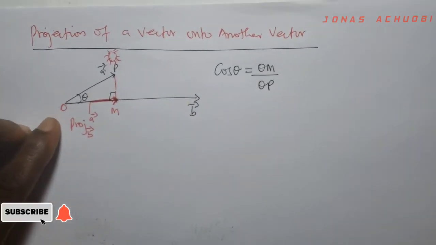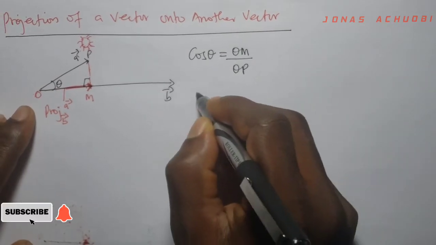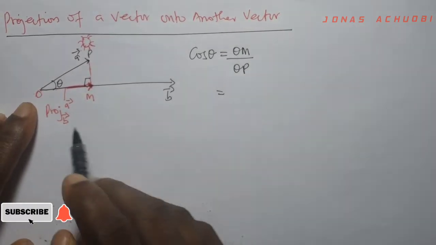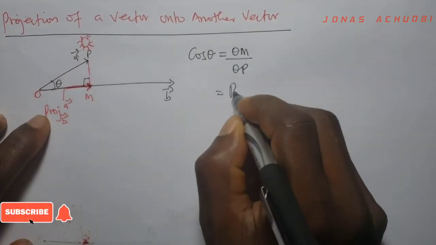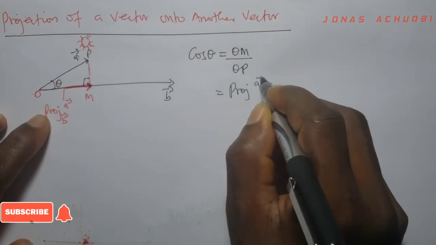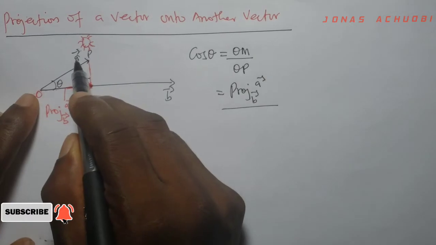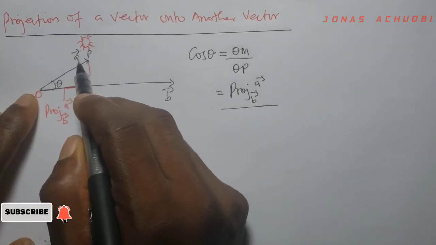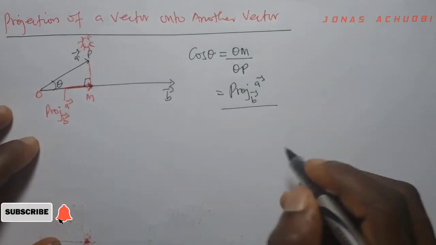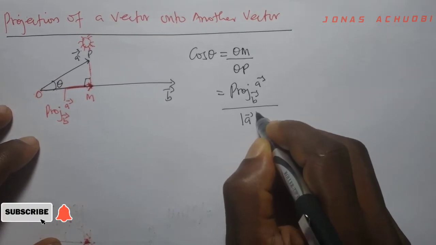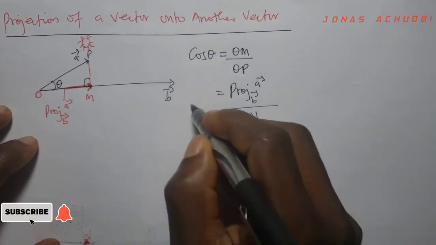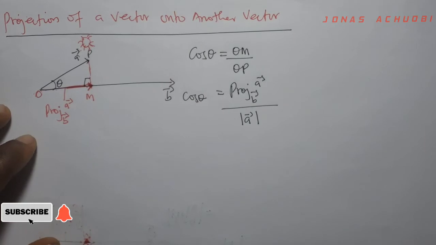OM is nothing but the projection of vector A on vector B. And OP is vector A, and what we are interested in here is the length of vector A. So cos theta is equal to this.